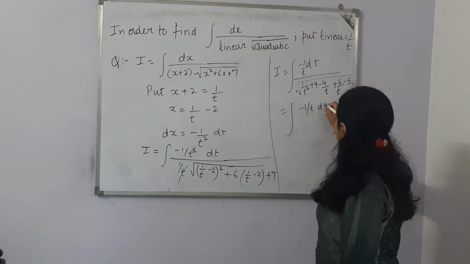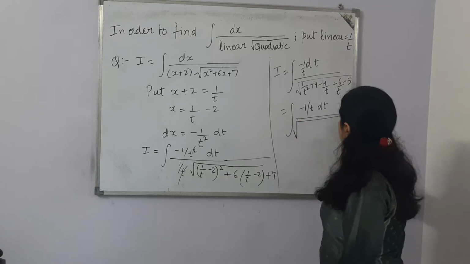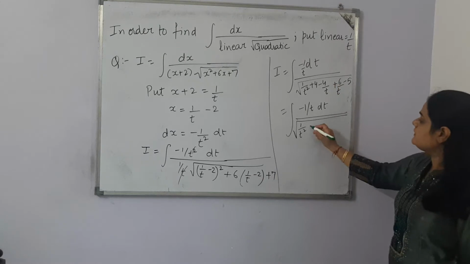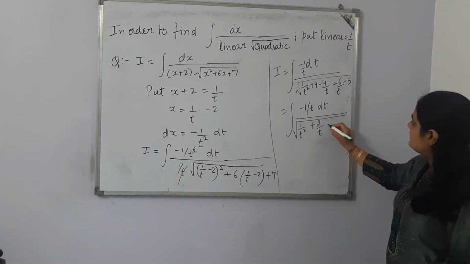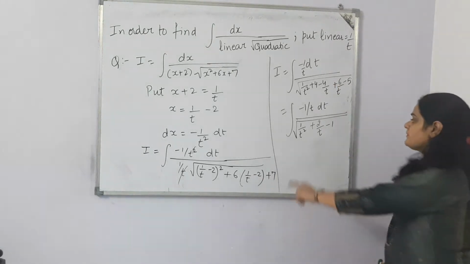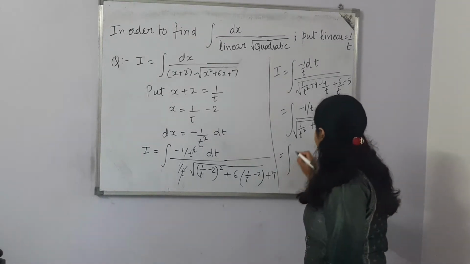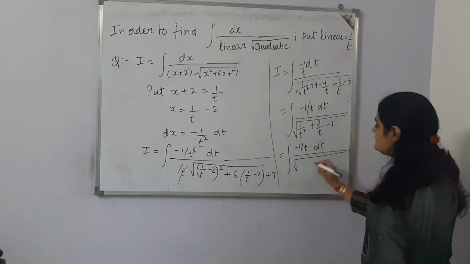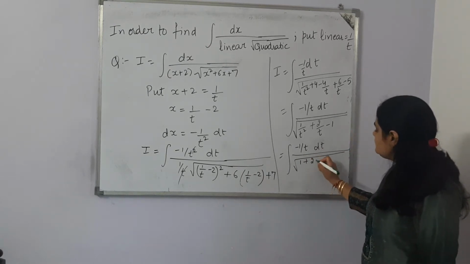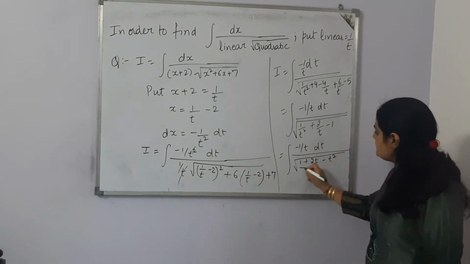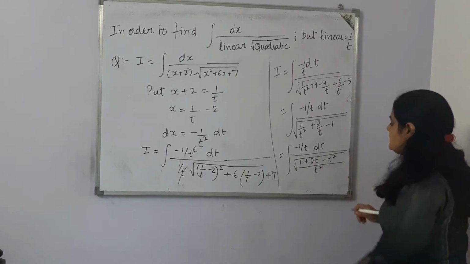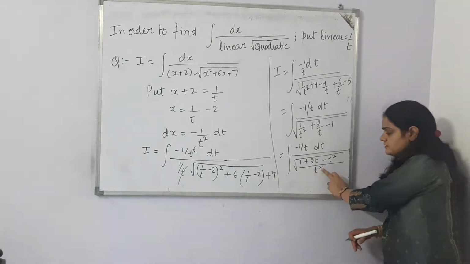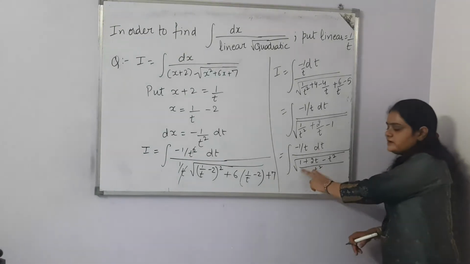Minus 1 by t dt whole upon 1 by t square. Whenever this minus 4 by t plus 6 by t, it becomes plus 2 by t, and minus 1. Now we can take the LCM. Minus 1 by t dt whole upon under root 1 plus 2t minus t square whole upon t square. Now this t square is under the root, and the power 2 will cut out the root sign.